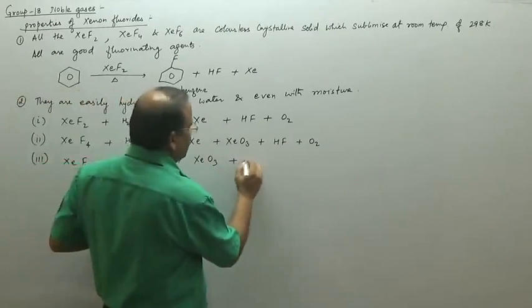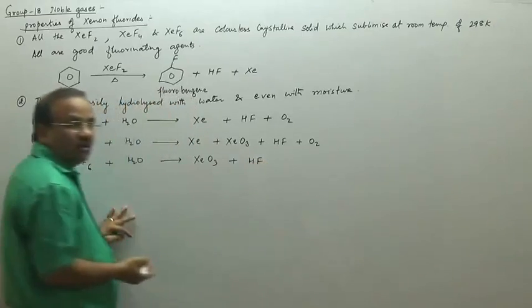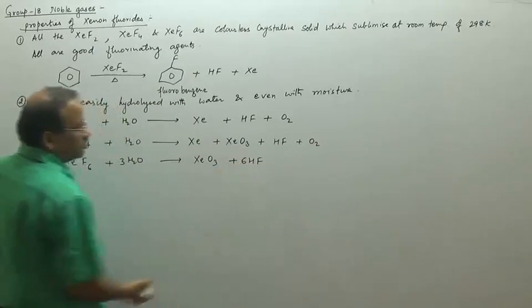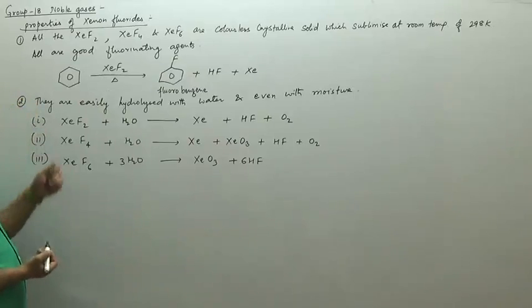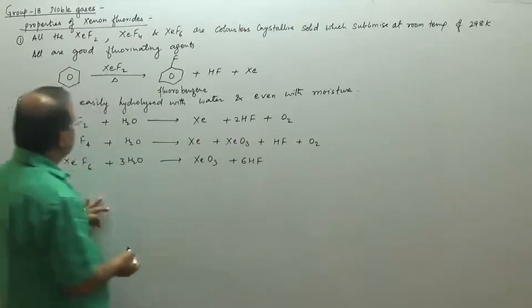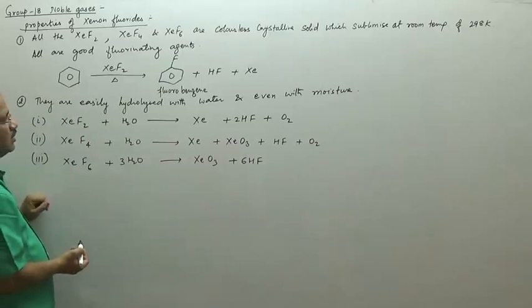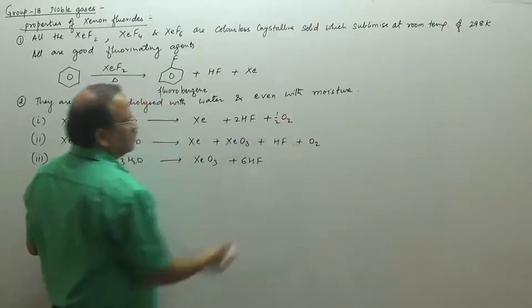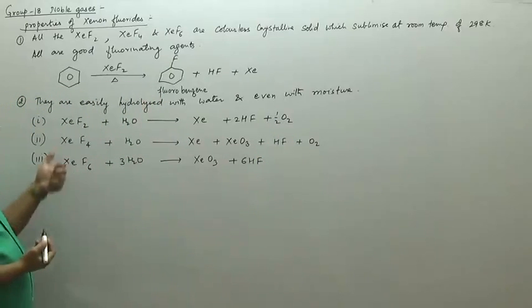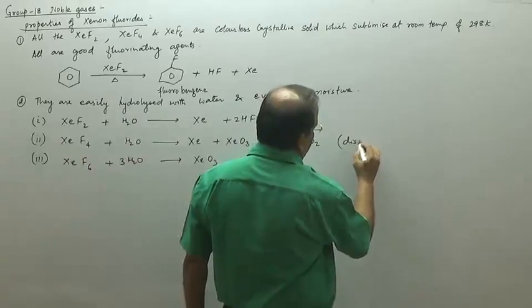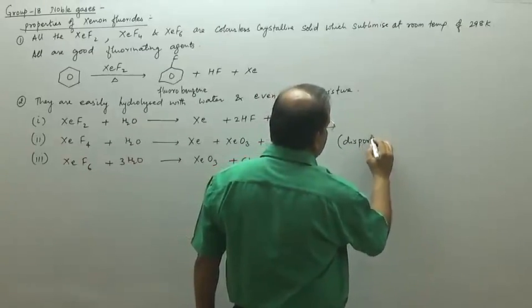Let us check how the oxidation process goes: we get 2HF, O2 and Xe formed in the reaction. That is how I can write the balanced reaction, whereas I know that this shows disproportionation in this case. So this reaction shows disproportionation.